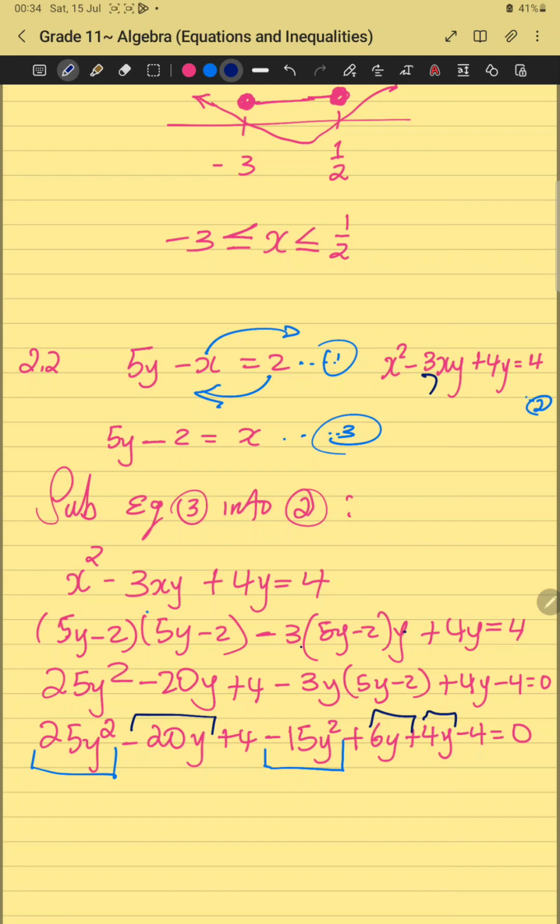And then the next step is to, let me just note this one here. So 25 minus 15 must be 10y squared, and then 20y and 6 plus 4 is 10, and 20 minus 10 must be negative 10y also, and then 4 will nullify that 4, so we're going to have it equal to 0.